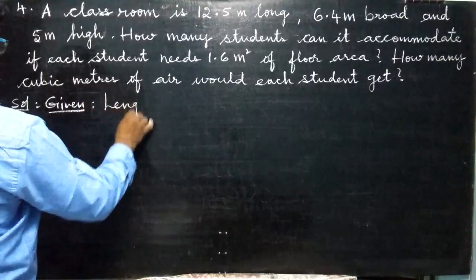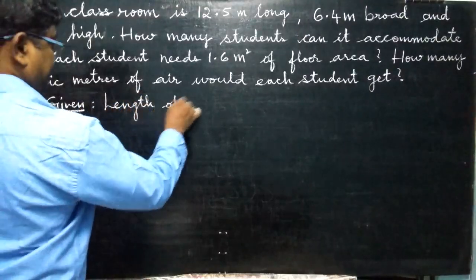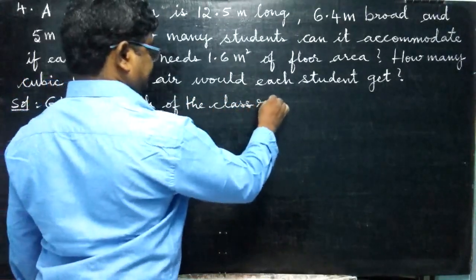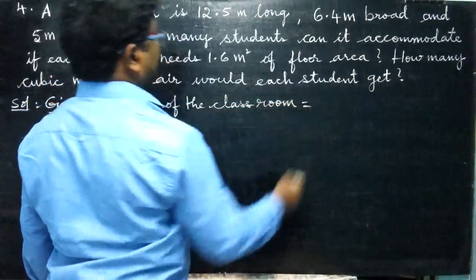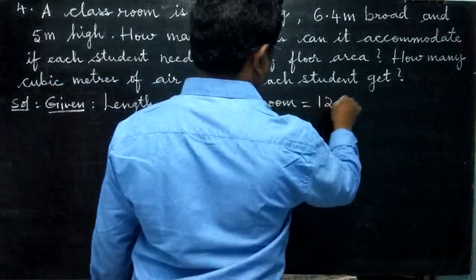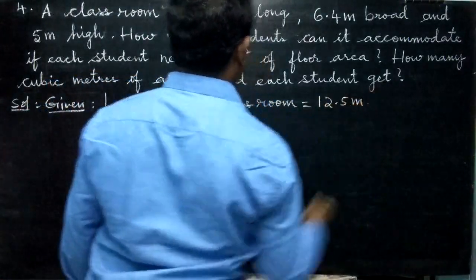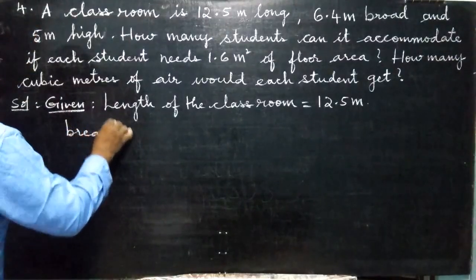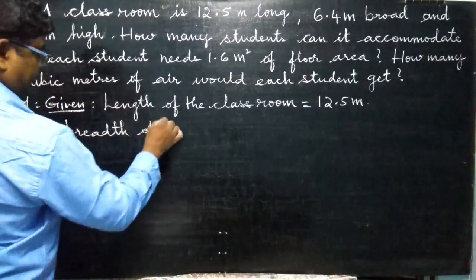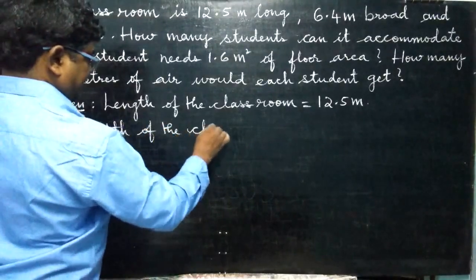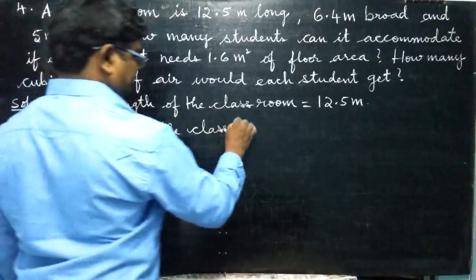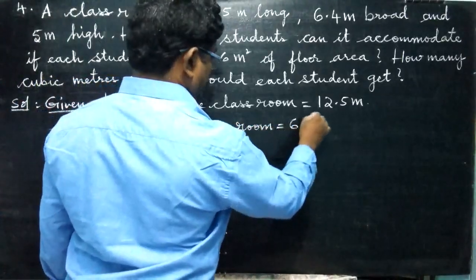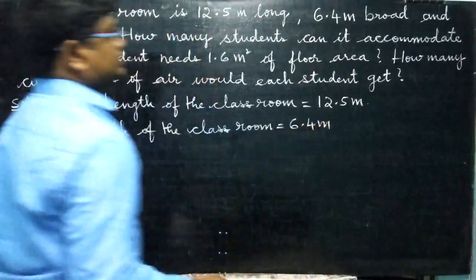Length of the classroom. How much they have given? 12.5 meters. Next, breadth of the classroom is equal to 6.4 meters.